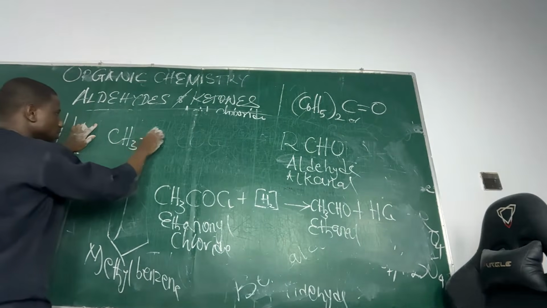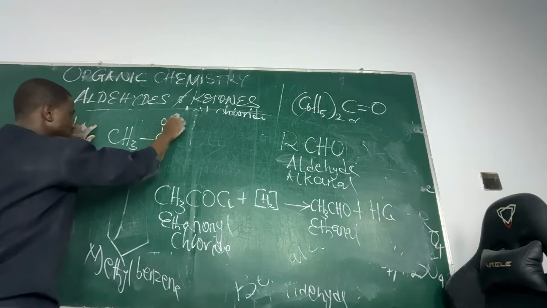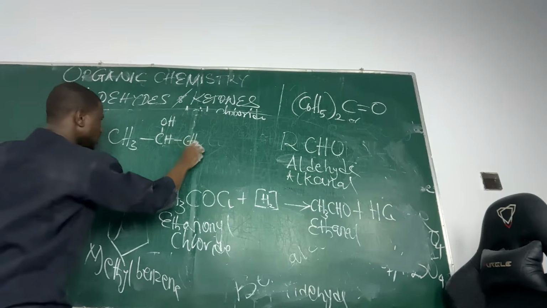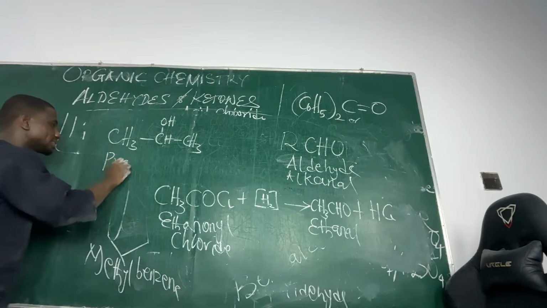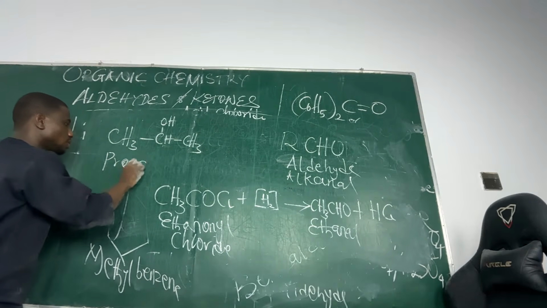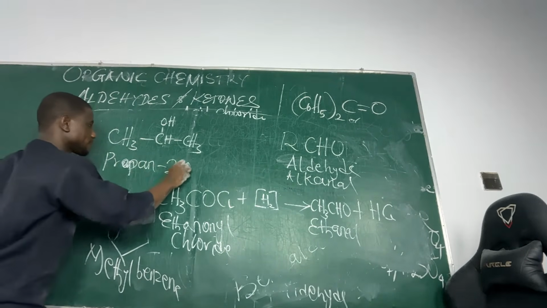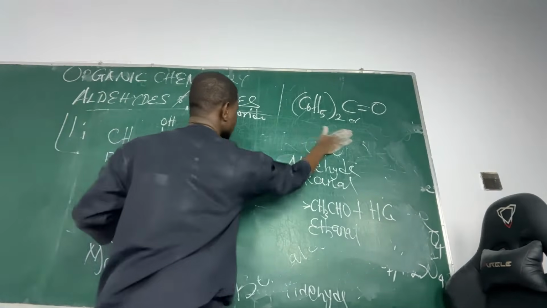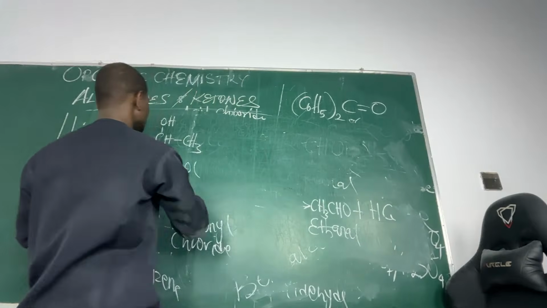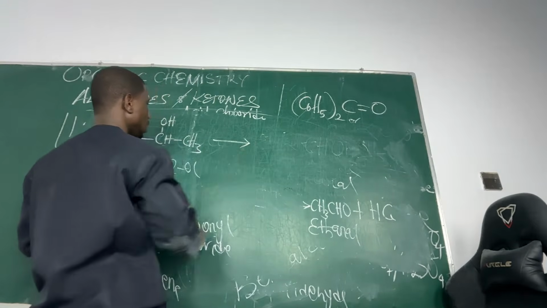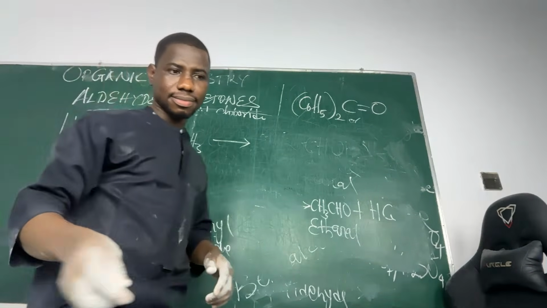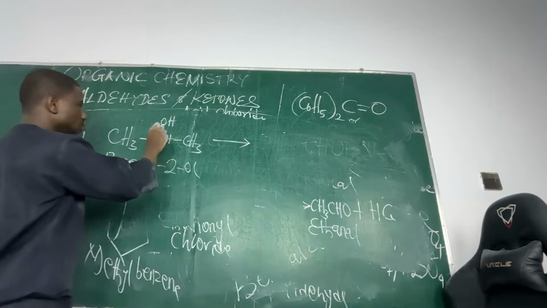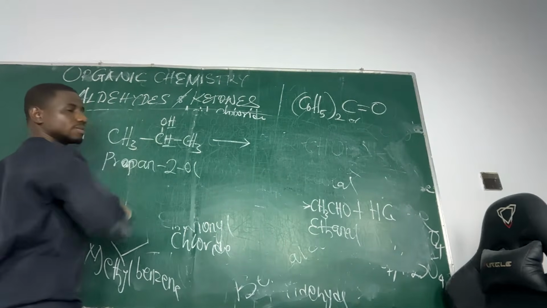For example, look at this: CH3, CHOH, CH3. This thing is propan-2-ol. On oxidation, this hydrogen will be removed, and this hydrogen will be removed.